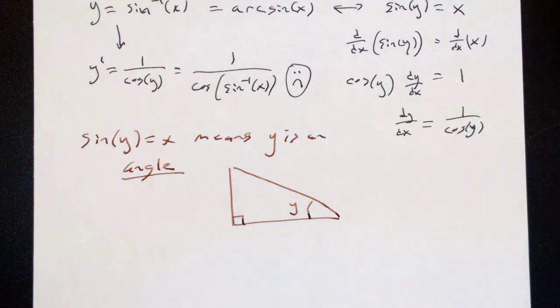Y is an angle. And if I'm taking sine of it, I can put it in a right triangle, right? I remember one of the very first things we did in trig is figure out right triangle trigonometry. Sine of y equals x. Where in this triangle would I find that x? Almost.